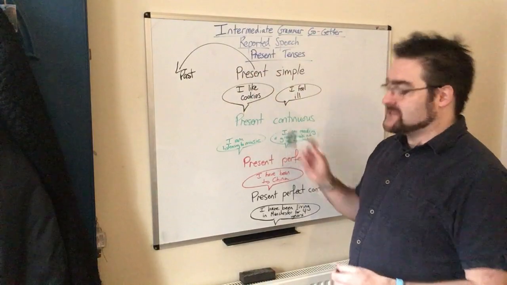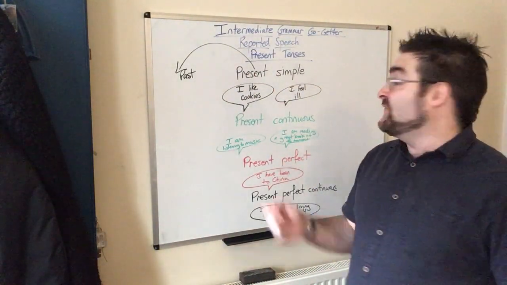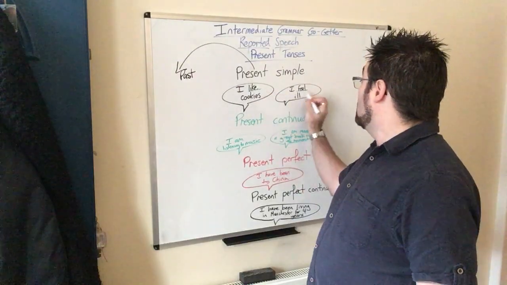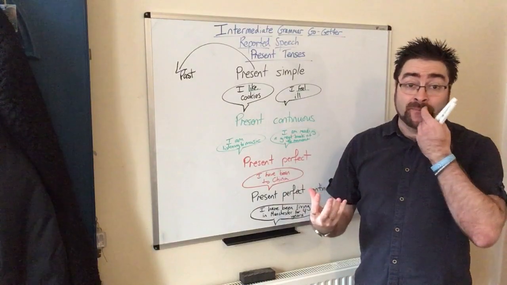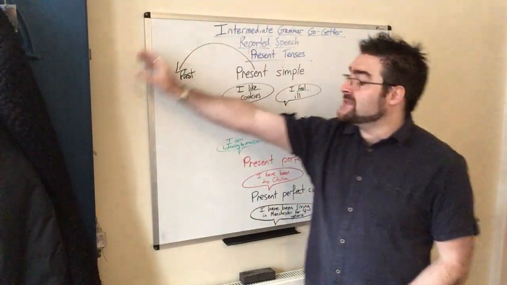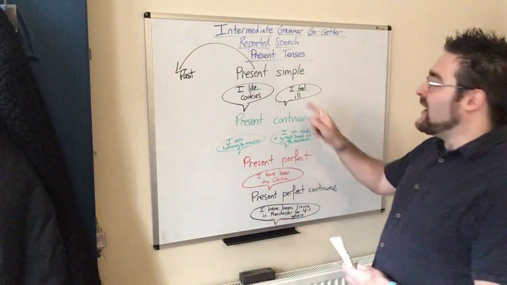Let's have a look at how we do this. So, in this case, in the present simple, we have got I like cookies and I feel ill. So, our verb is in the present simple. But what we've got to do is we've got to take it into the past. So, let's start with I feel ill.